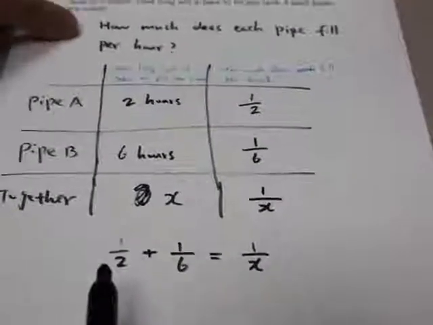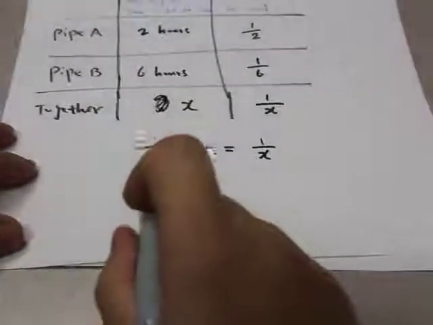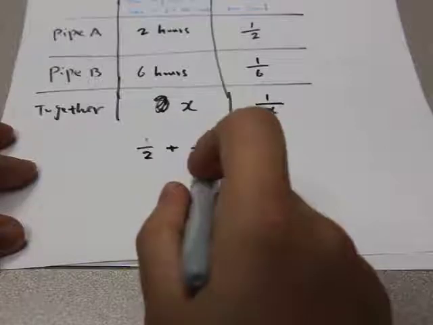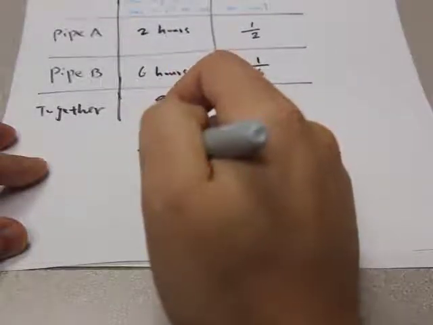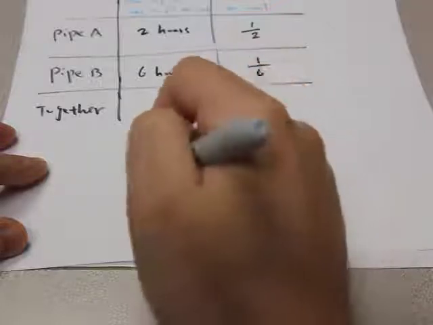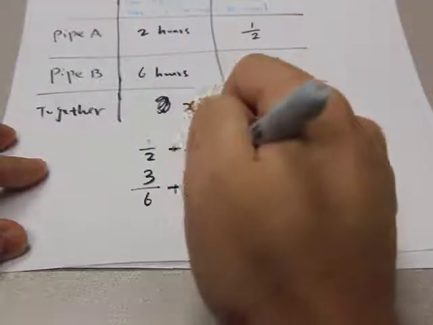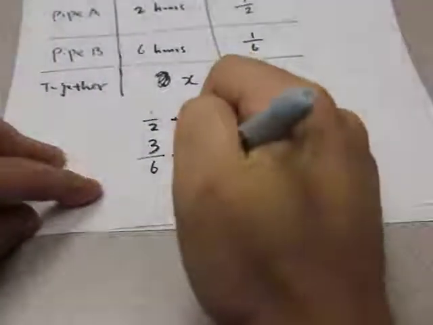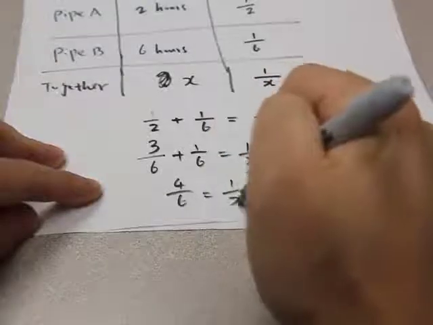Now, to solve this equation, we can do it this way. So first we combine 1/2 and 1/6. To do this, we change the denominator of the first fraction into 6. So the numerator we change to a 3. So this gives us 4/6 equals 1/x.